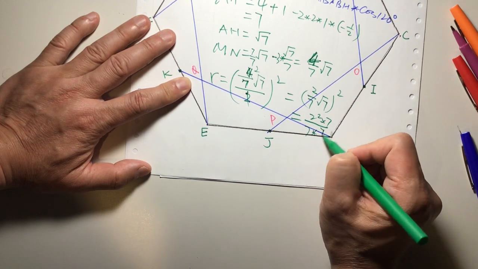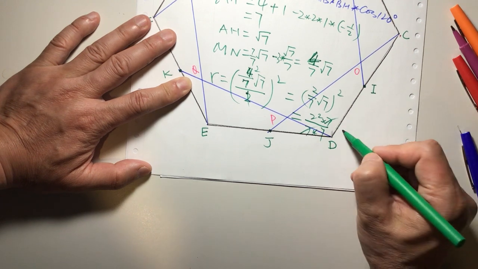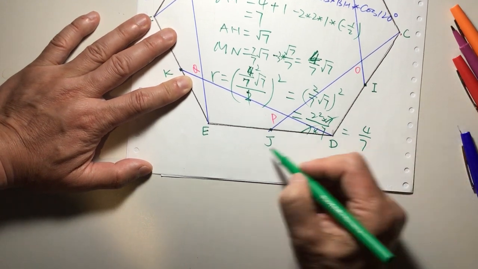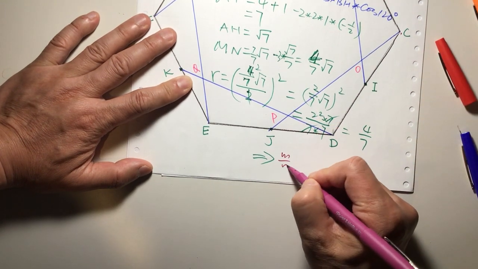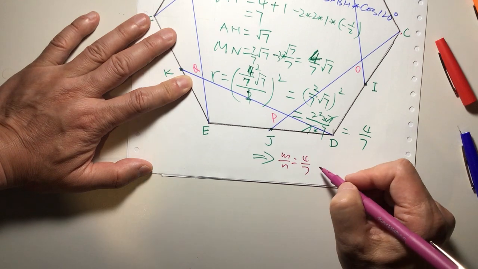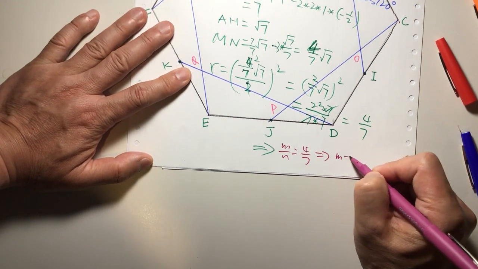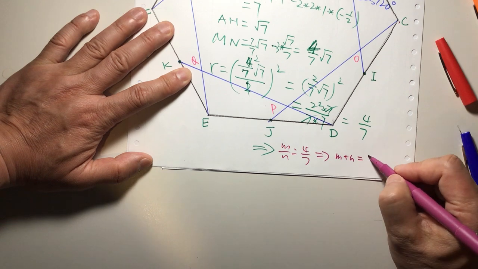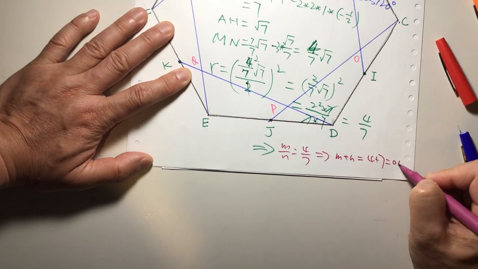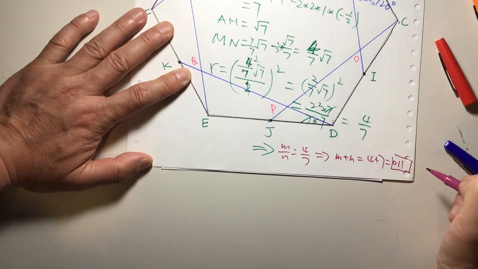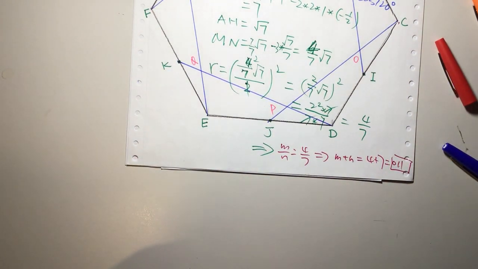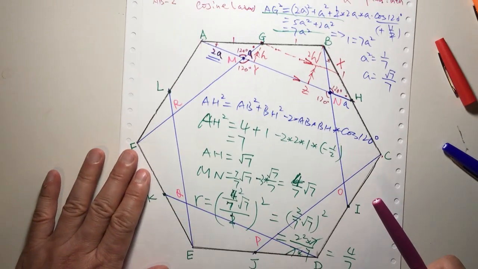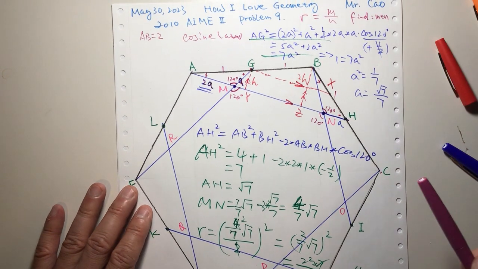That's 7 times 7, so 7 over 7. So it's 4 over 7. Then we got the final answer. M over n is 4 over 7. Then we find m plus n equals 4 plus 7, that's 11. The final answer.